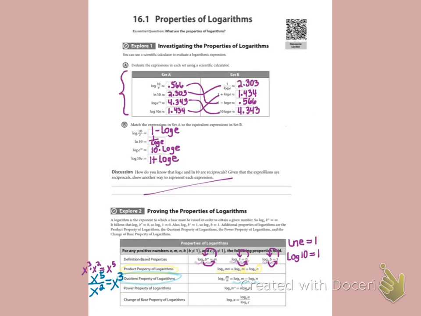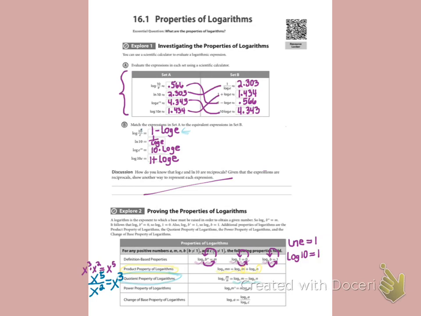I want to real quick go back and take a look at this little table that's investigating the properties of logarithms, this part B. Right here where we found that the log of 10 divided by e was 1 minus the log of e, this is actually using that quotient property in reverse in order to separate them into separate logs.